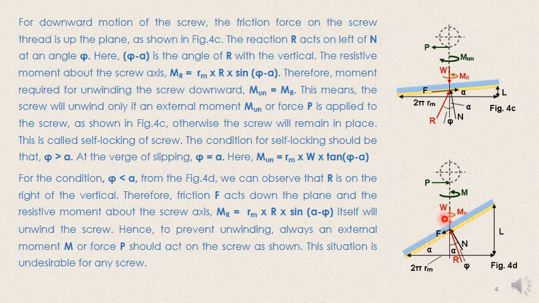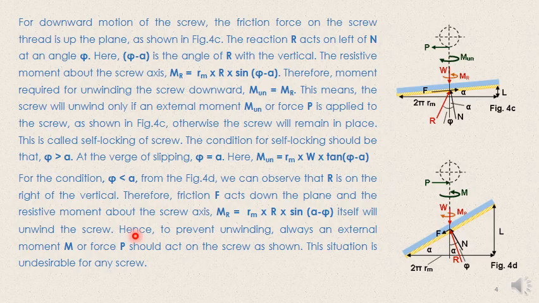Look very carefully. This particular moment is this much. It means the screw is naturally getting unwound. You do not have to do any job. It is naturally getting unwound. As a matter of fact, you have to give an additional moment from the external or a load like that to prevent it from sliding down. So this condition is the worst condition.